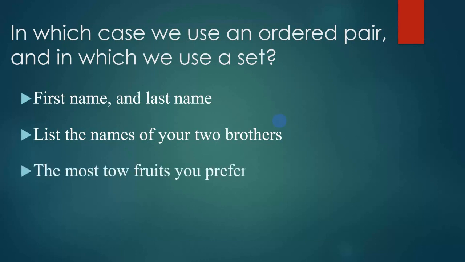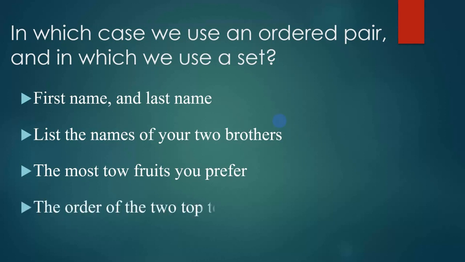The third case, when you are asked to tell two fruits you like most or you prefer most, it doesn't matter which fruit first and which fruit second, so order doesn't matter here. So in this case we use a set.